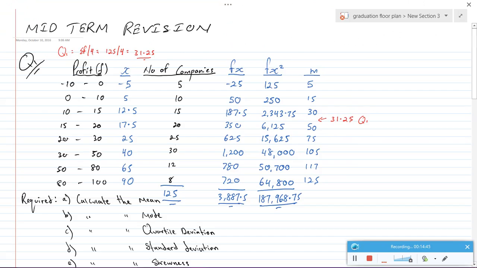So lower limit is 15 plus 31.25 minus 30 divided by F, 20, times 5. Check this in your mind. Check all this inside.